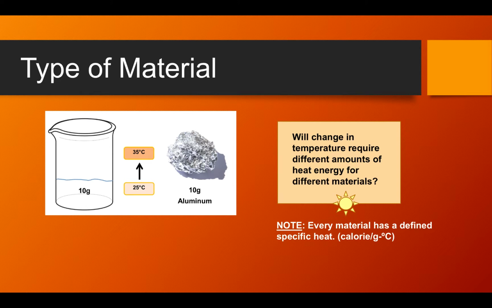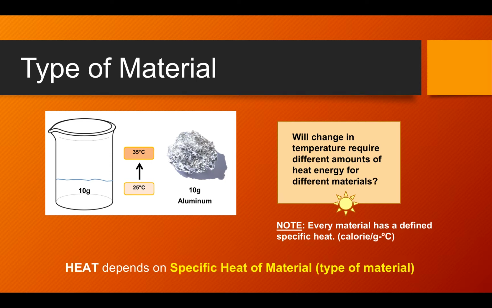And every material has a defined characteristic called specific heat, which is the calories per gram degree Celsius that defines that material. So water and aluminum have different specific heats. So heat depends on the specific heat of the material and the type of material.